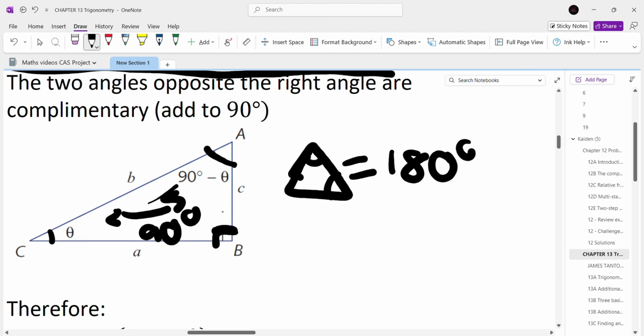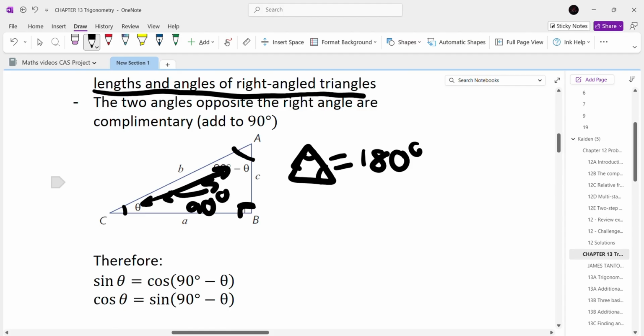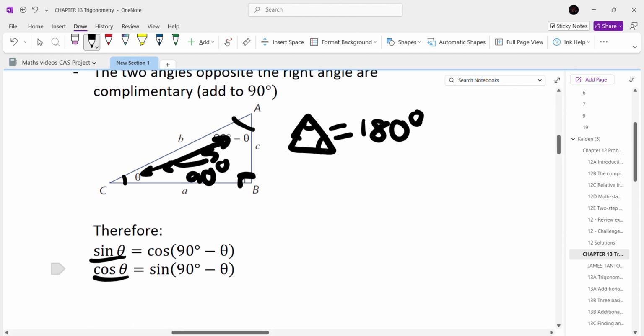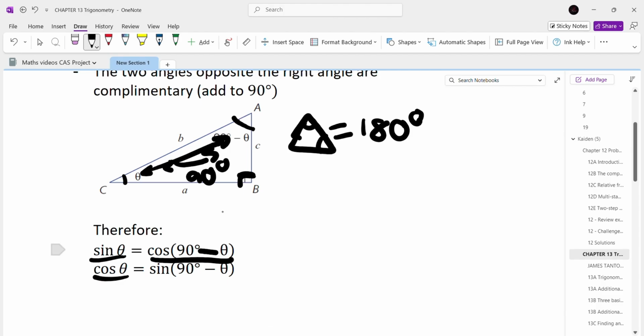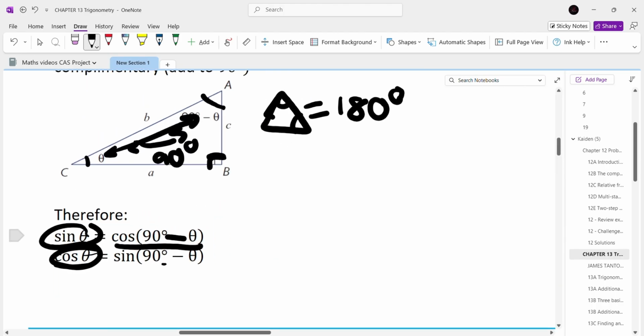Therefore, these two angles right here must add up to 90 degrees. Therefore, we can use a few things when relating the sine and cosine function, because these deal with these lengths. So cosine of 90 minus theta equals sine theta, and sine of 90 minus theta equals cosine theta, because these always have to be balanced values.